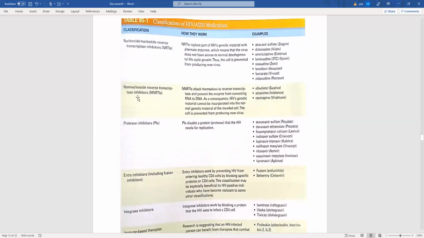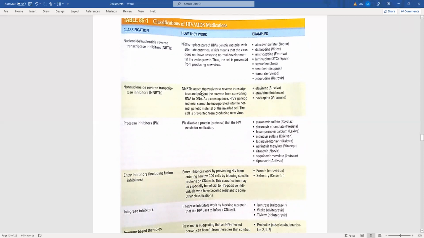Now, the NNRTIs, the non-nucleoside reverse transcriptase inhibitors, attach themselves to reverse transcriptase and prevent the enzymes from converting RNA to DNA.